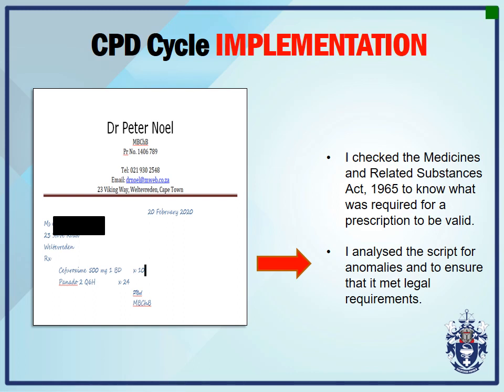You'll see that, importantly, the patient's information is blocked out for confidentiality. You check the Medicines and Related Substances Act 1965 to know what was required for a prescription to be valid and authentic. You analyze the script for any anomalies and to ensure that it met all of the legal requirements. So that identified what you did.